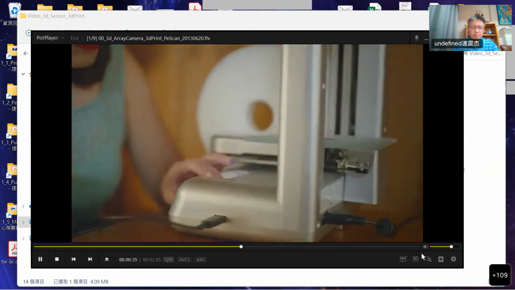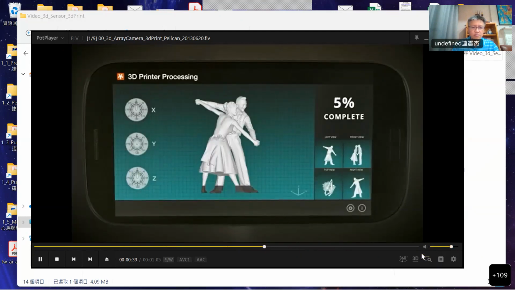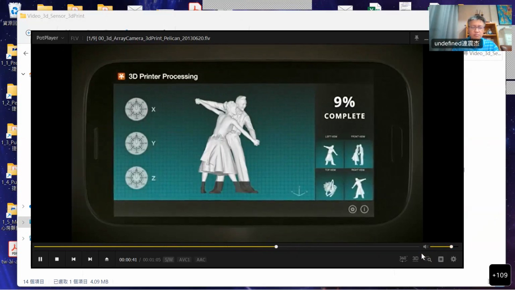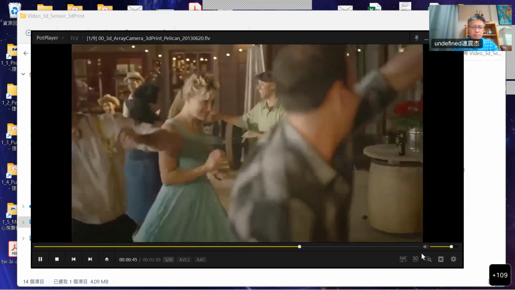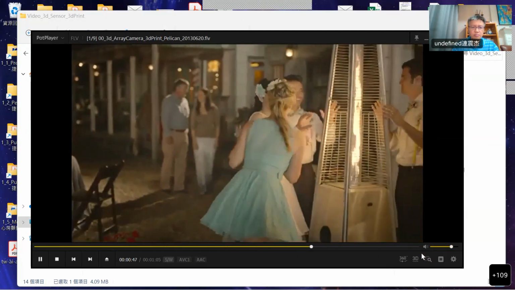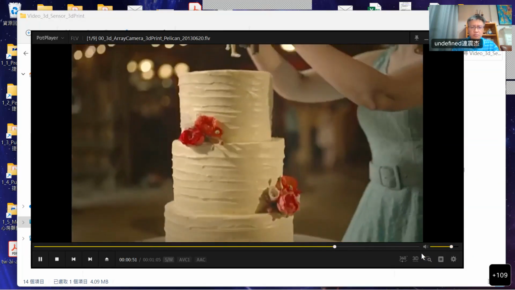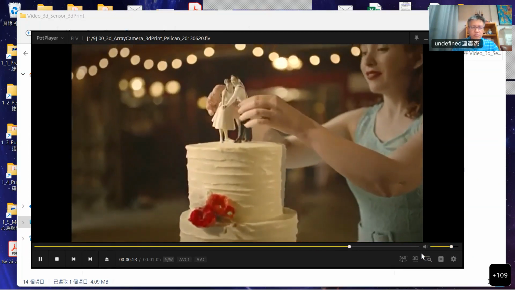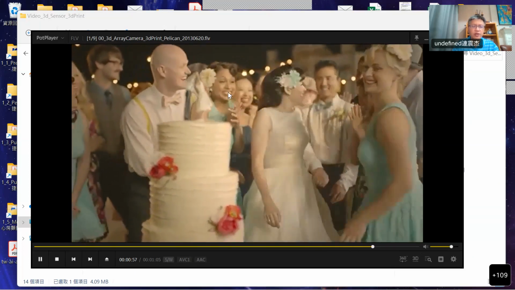Create a digital avatar or plug it into a 3D printer to create a personalized gift. Use your creativity along with a smart camera in your smartphone to make every occasion more memorable. So they can print it out, right?